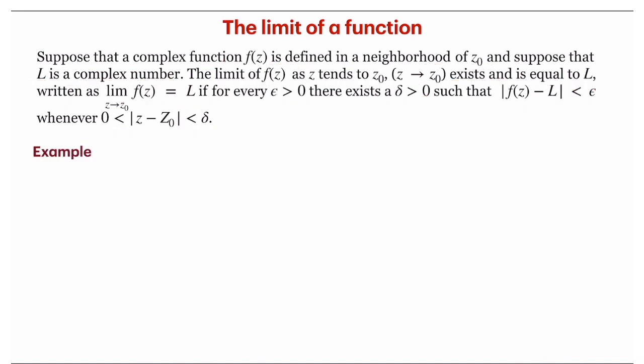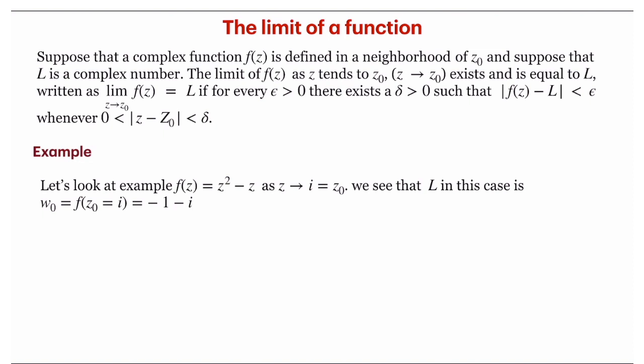Let's take an example. The function is f of z equal to z squared minus z, with z going to i, which is z0. We see that in this case L is the same as w0 because I have taken a smooth continuous function. f of z0, which is i, is equal to minus 1 minus i. Now let's define z equal to z0 plus delta.